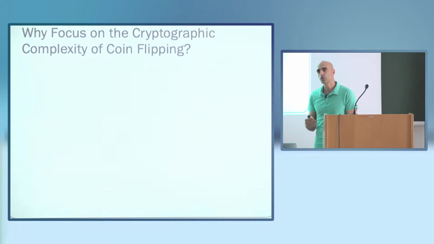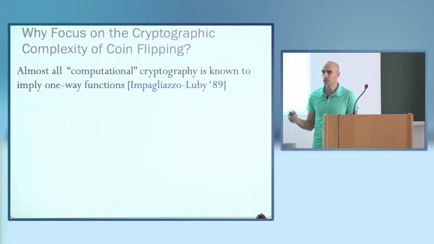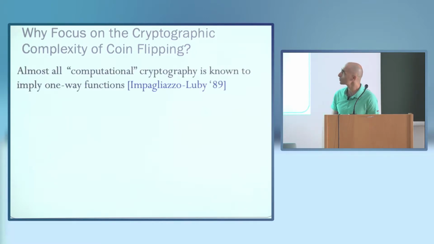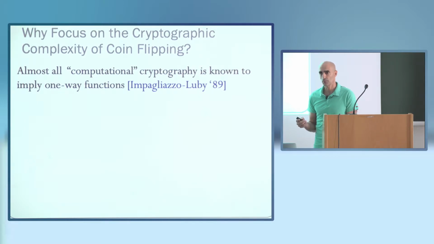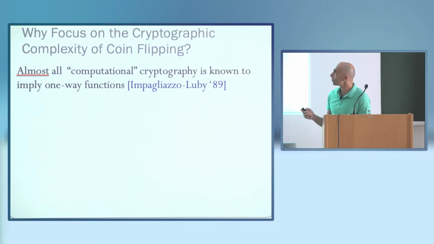But here I'm going to focus on the cryptographic complexity of coin flipping, and I want to ask why this is interesting. And it's interesting because almost all computational cryptography was shown by Impagliazzo and Luby in '89 to imply one-way functions, but only almost all.